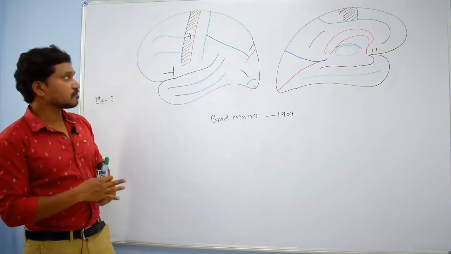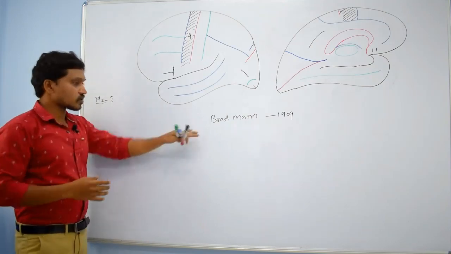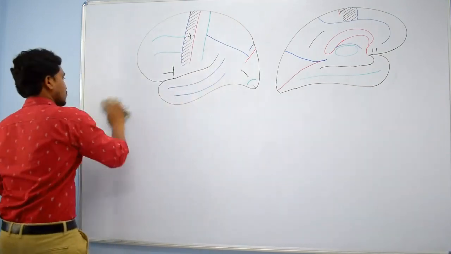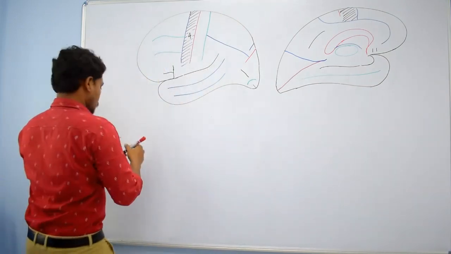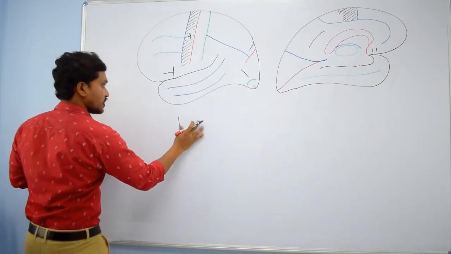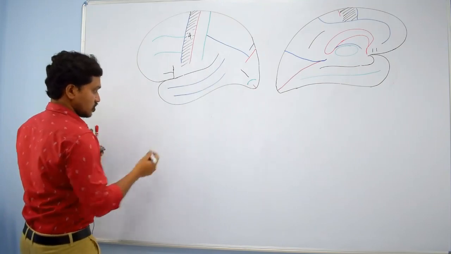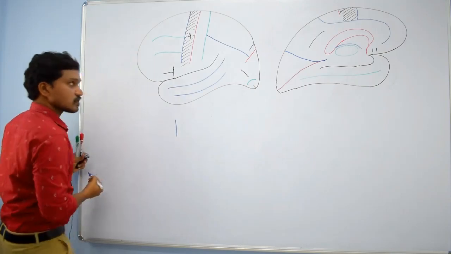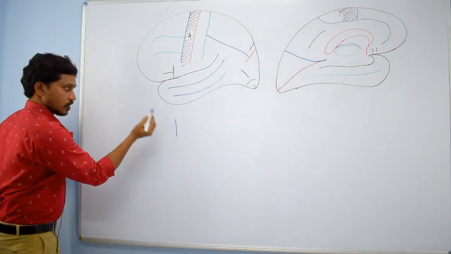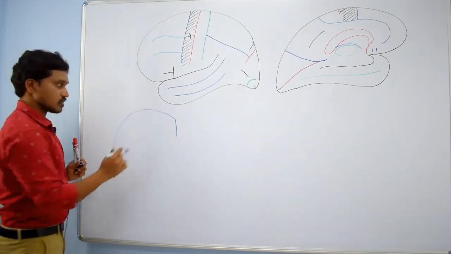Let me draw the diagram. For that I am taking a section along area number 4 and I will show how the body is represented within the primary motor area. I am taking it from the medial surface. So this is the medial surface. And what is this border? The superior medial border. Then what is the surface? The superior lateral surface.